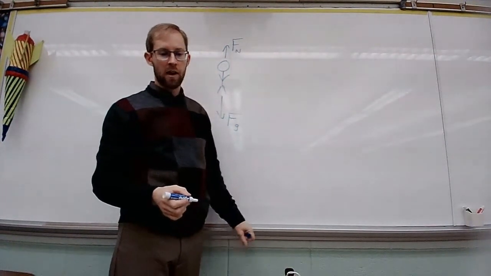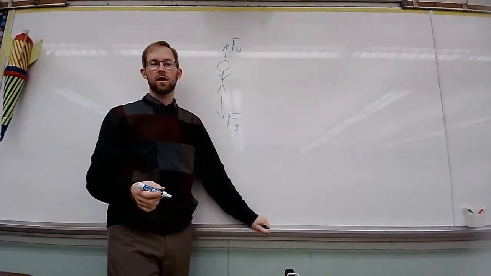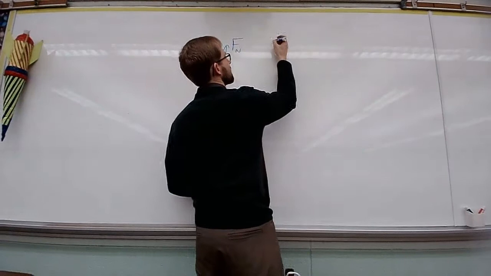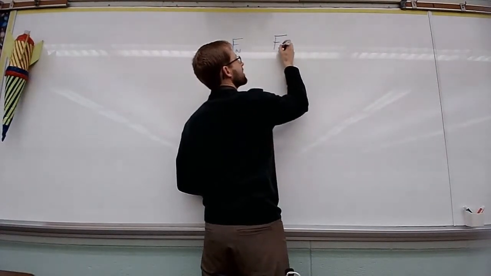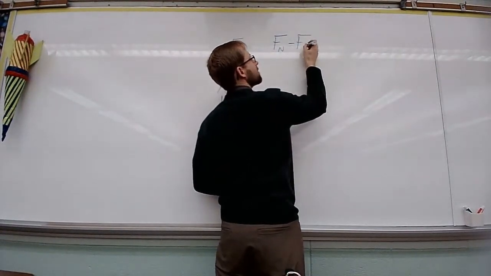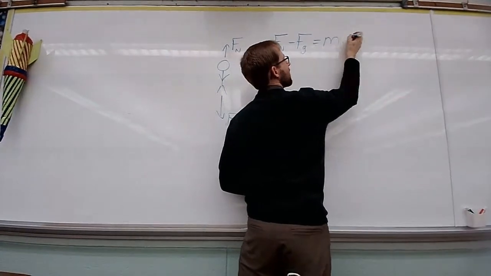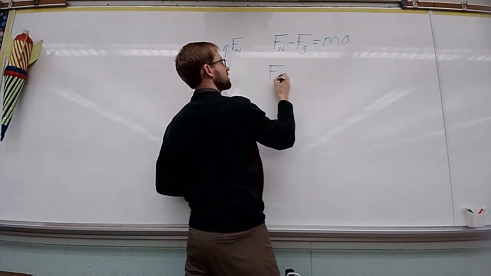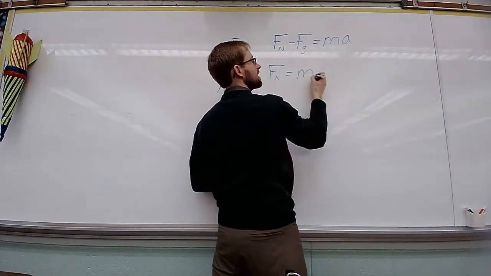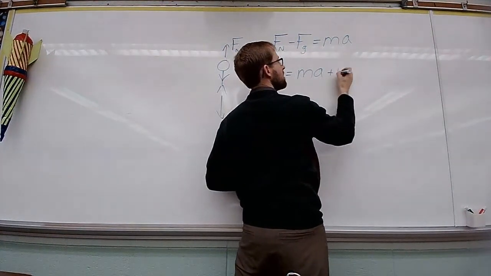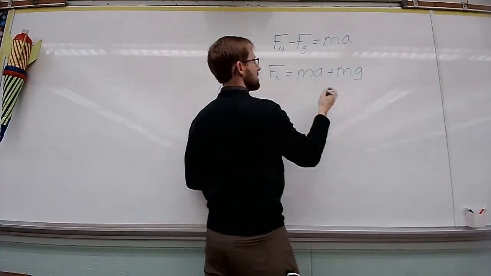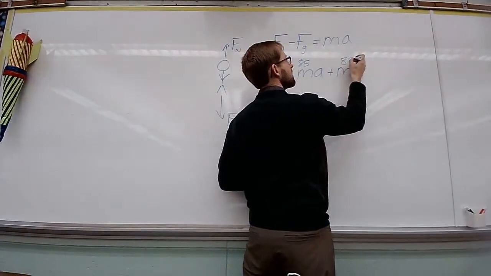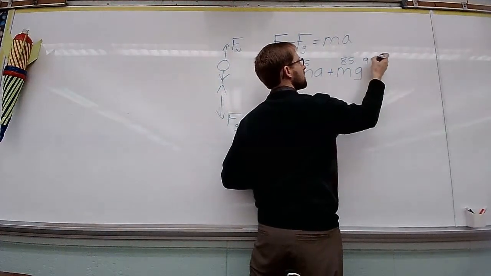Now we got to find what force the floor exerts on the man. In other words, what is his normal force? So big surprise, force diagram, force equation, and solve. So we're looking for normal force. It's going to look the exact same as the last one. The mass is 85. G is 9.8.